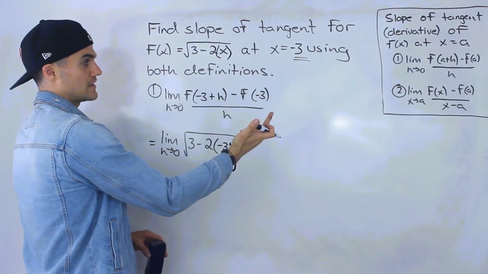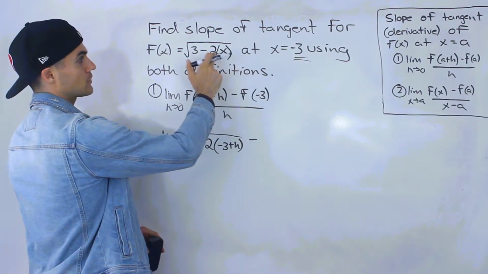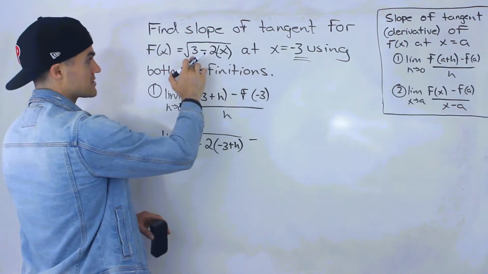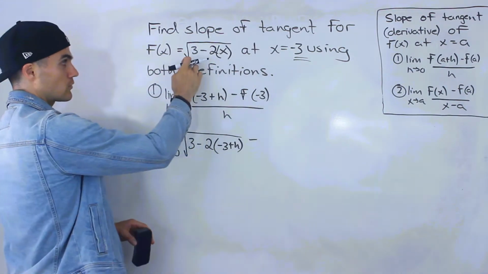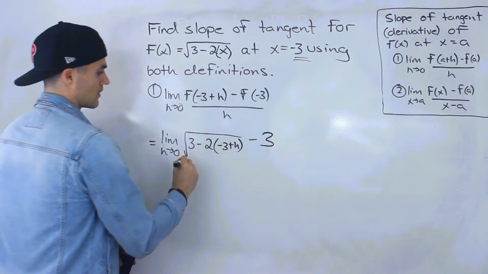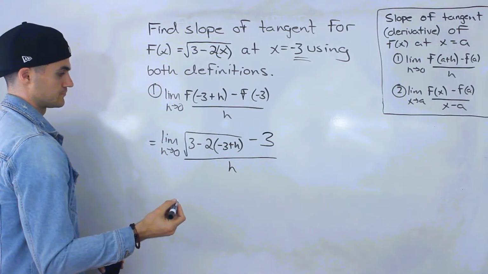Now what's f of negative 3 going to be? If we plug in negative 3 for the x value, notice we'll have negative 2 times negative 3, which is positive 6, plus 3 is 9, and then the square root of 9 would give us 3. And this is going to be all over h.